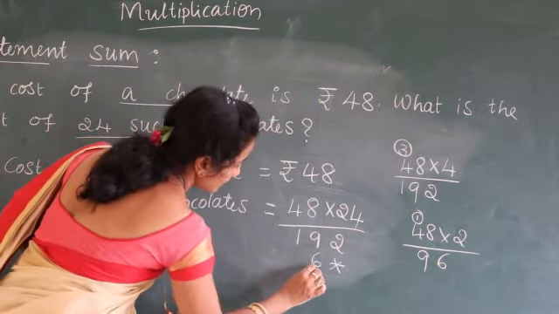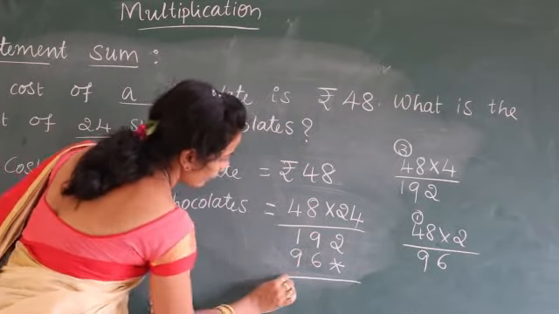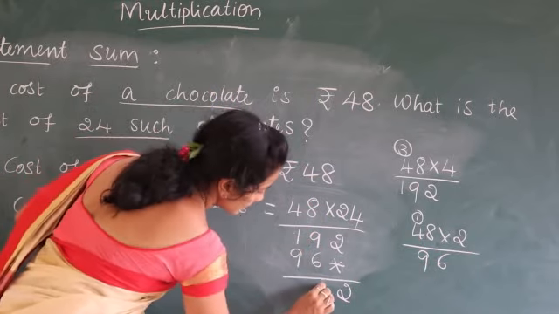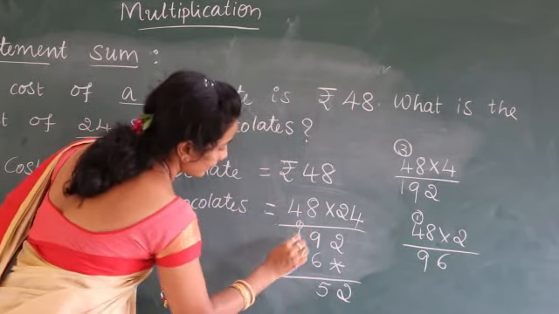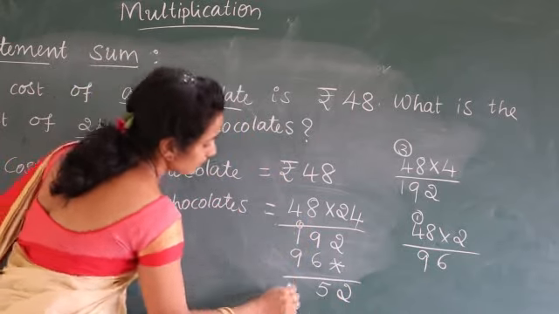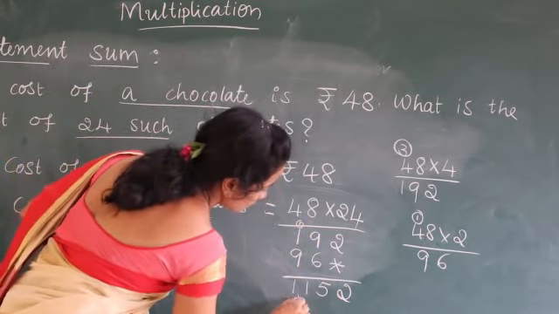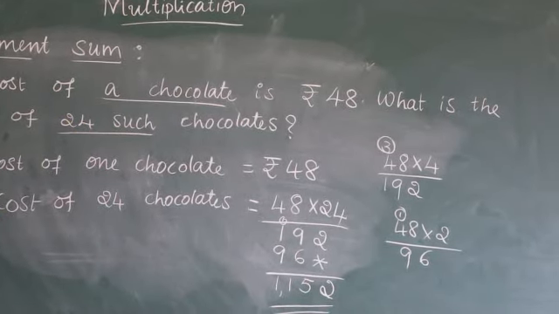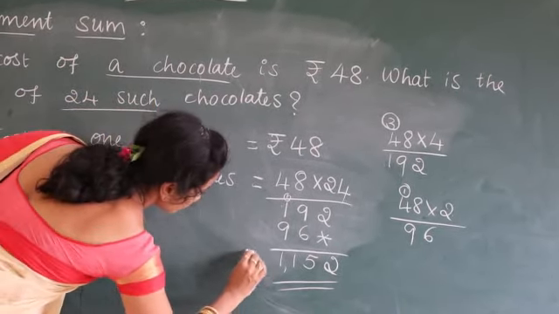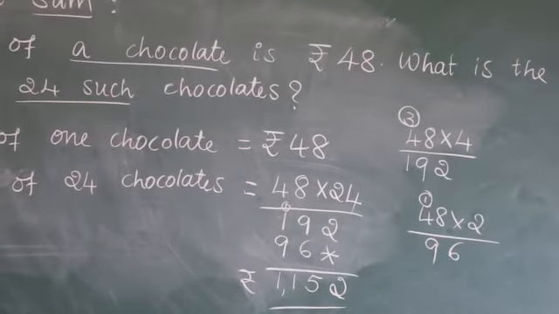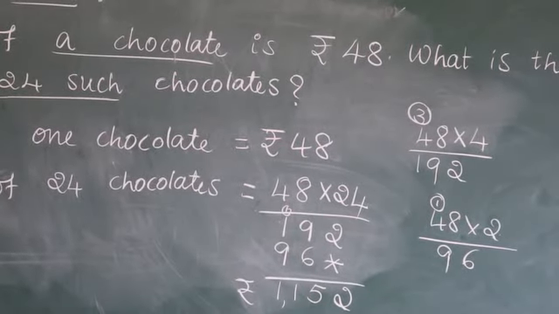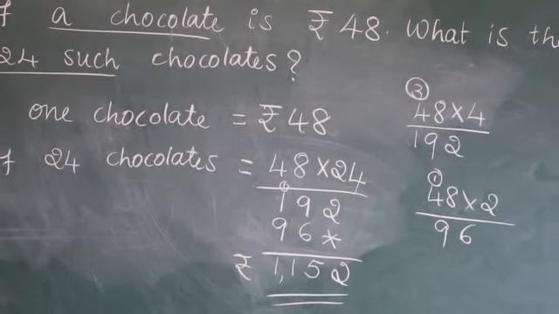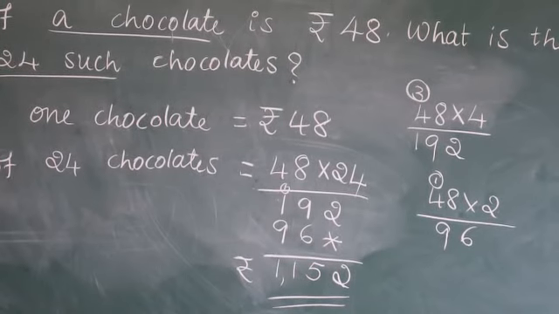So I got 96. Now I have to find the sum of these two. 2, 9 plus 6 is 15, 1 carried, 9 plus 1 is 10, 10 plus 1 is 11. So the cost of 24 such chocolates is rupees 1152.